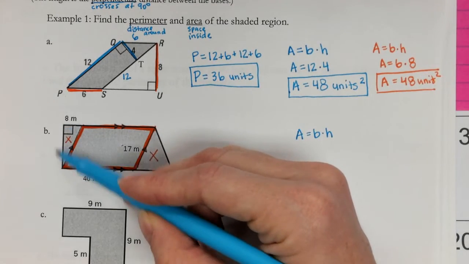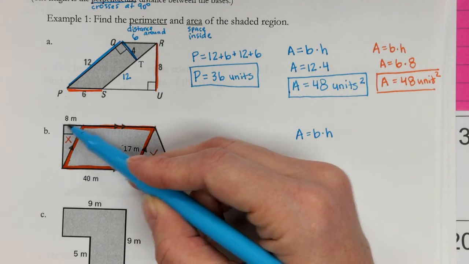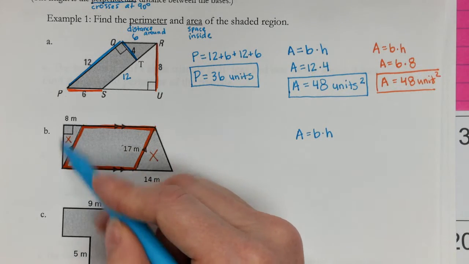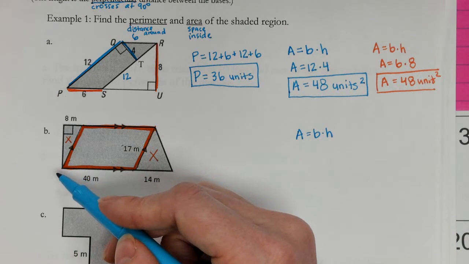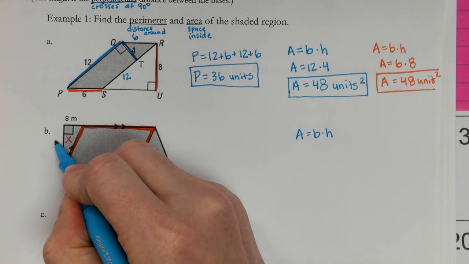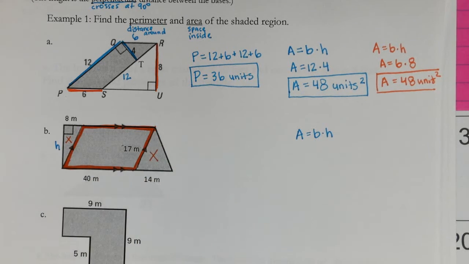So like this side right here is making a 90-degree angle with what would be the top base, but I don't know how tall that is. What I do know though is that I can find that number. So this height, I need to find it because then I can plug it into my formula.